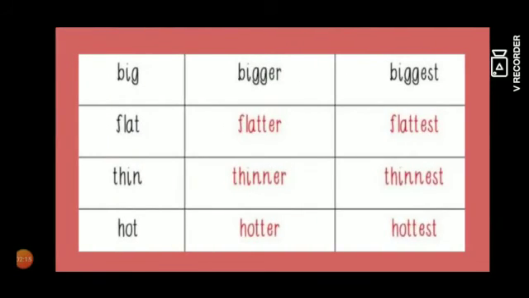So here in this case, we will double the consonant letter at the last and add er and est to the adjective. And the word becomes red, redder, reddest. Some more examples are big, bigger, biggest, flat, flatter, flattest, thin, thinner, thinnest, hot, hotter, hottest.